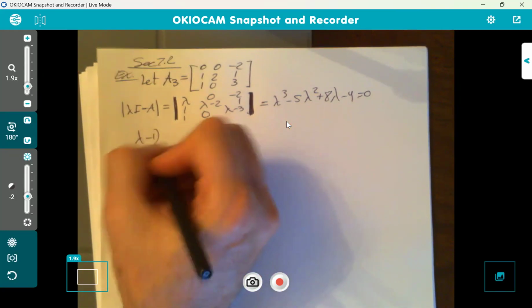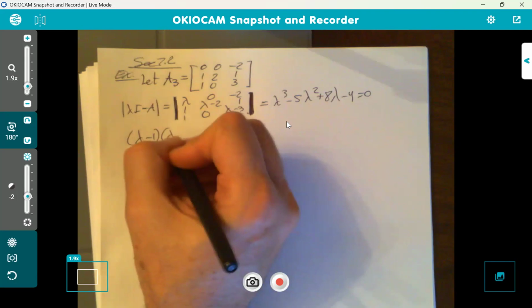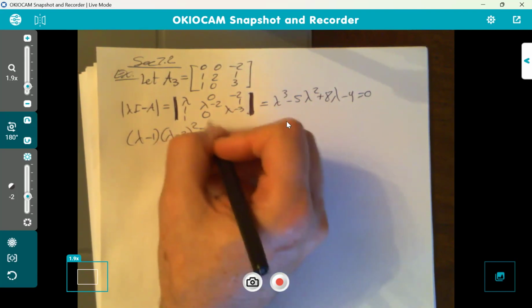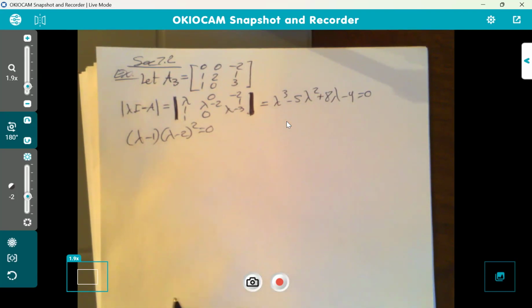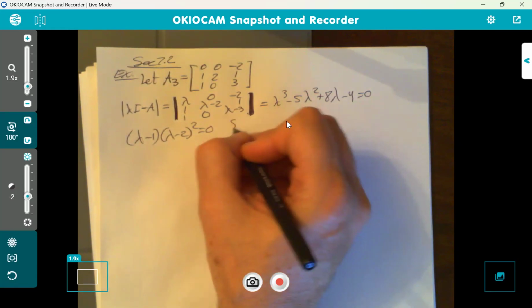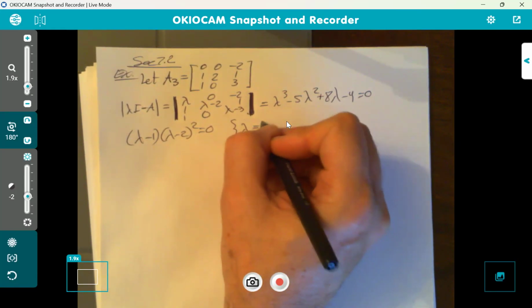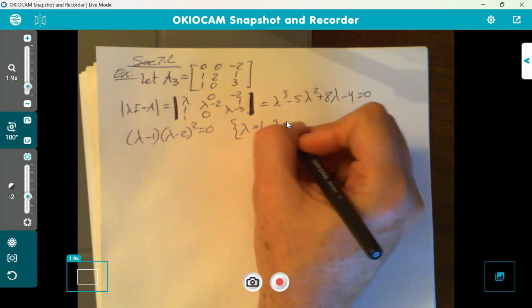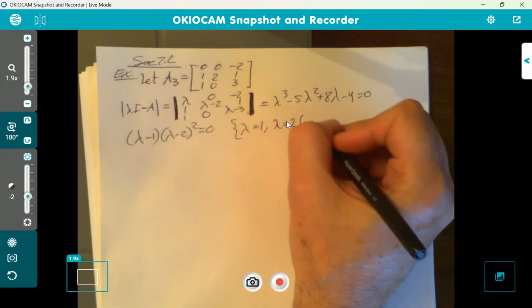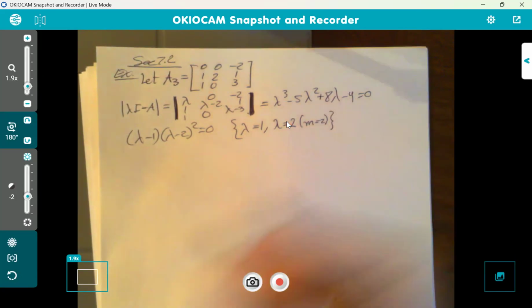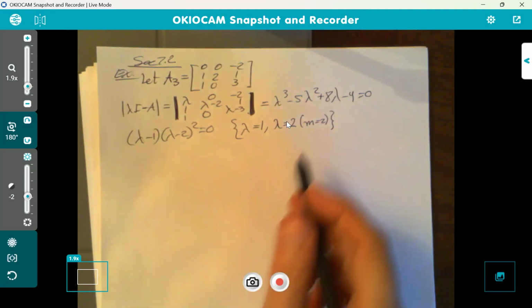And this is the one we did earlier, actually, right? And I got the factored form using the rational zero theorem. So for this, you pick up the eigenvalues, λ = 1, and λ = 2 with multiplicity of 2. Now I explained about multiplicity here.